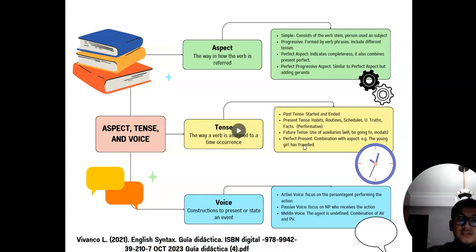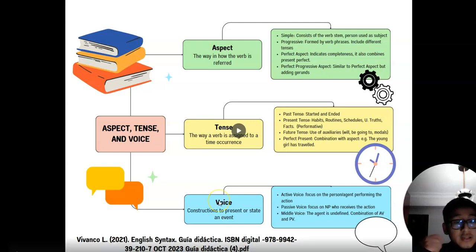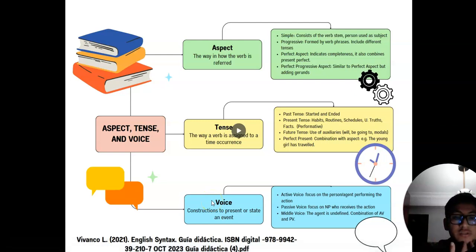Well, so now let's continue with the final grammatical device, which is in this case voice. So what happened with voice? The voice is used for different constructions to represent or state an event, and also to state this event from different perspectives.